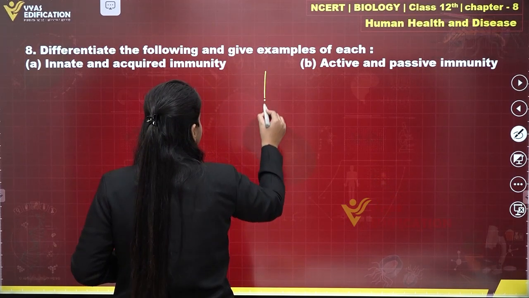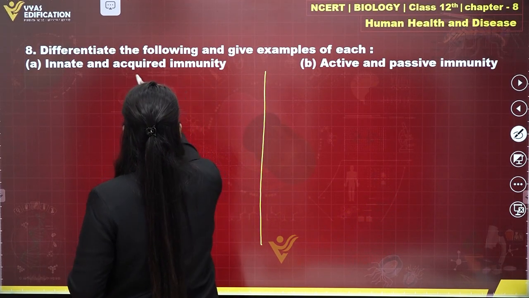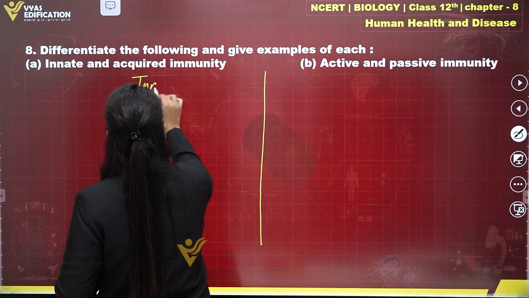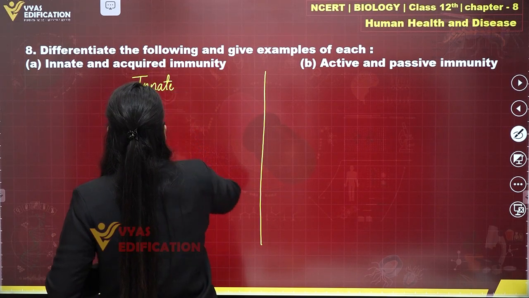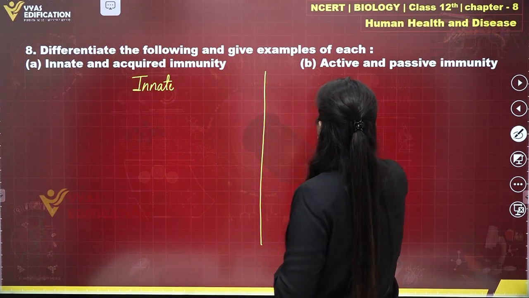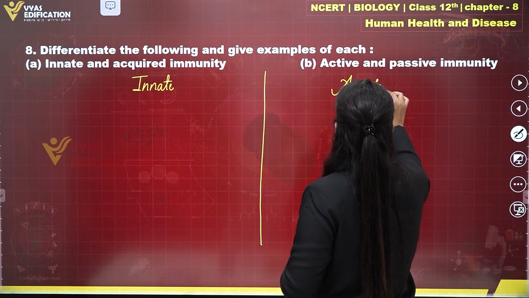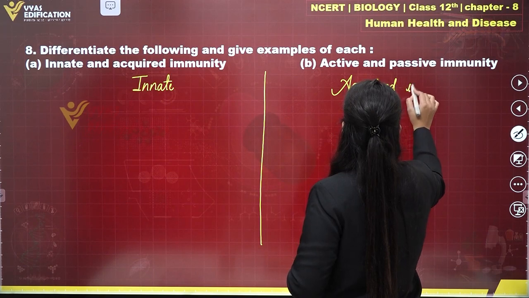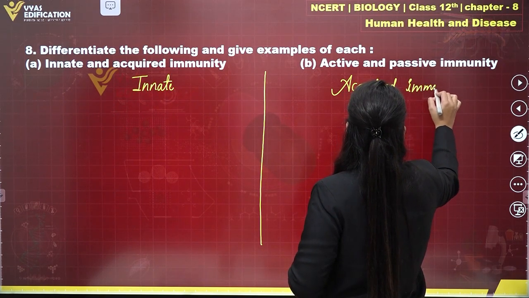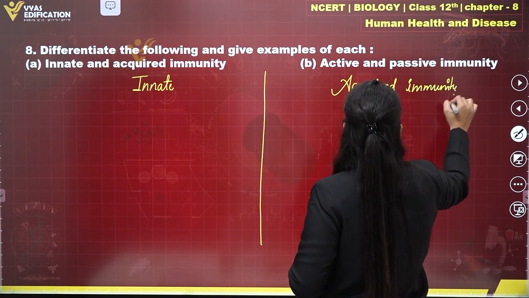So let's write the differences between innate and acquired immunity. In the left column we are going to write about innate immunity, and in the right column we are going to talk about acquired immunity, right?